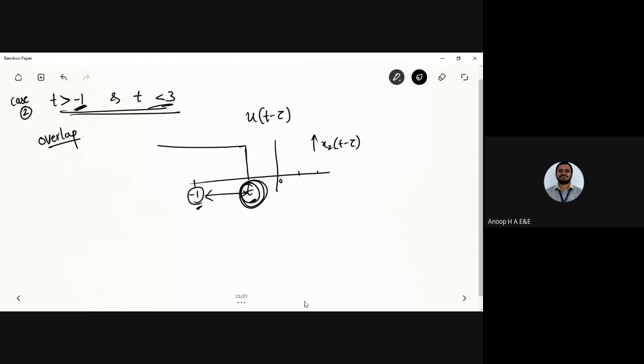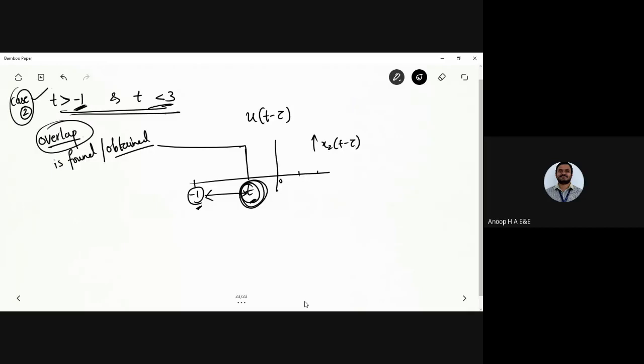What I can generally do here is, I'll have the signal x1 of t. If you superimpose x1 of t and x2 of t minus tau, you can say that the overlap is found or obtained. For these two cases, the second case is where you are going to have the overlap.